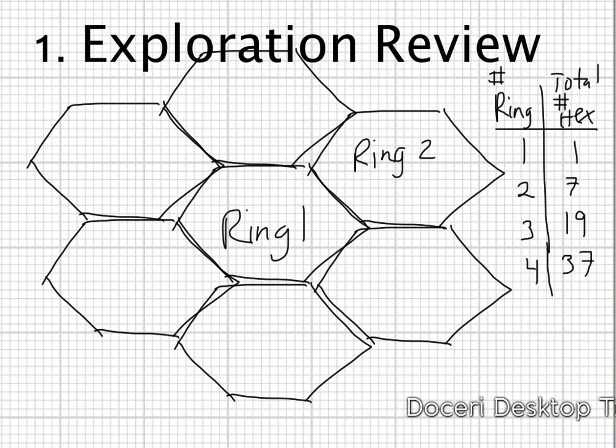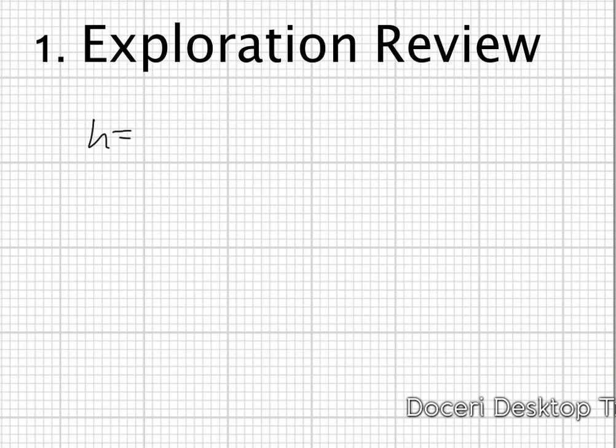Now part C, you had to use the equation 3r squared minus 3r plus 1 to find the total number of hexagons for r equal to 1, 2, and 3. So we have h equal to 3r squared minus 3r plus 1, and our r is going to be 1, 2, or 3.